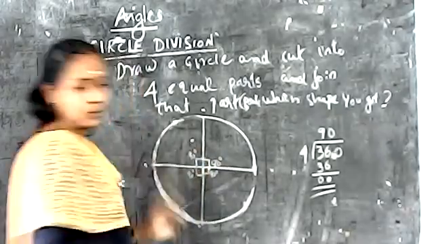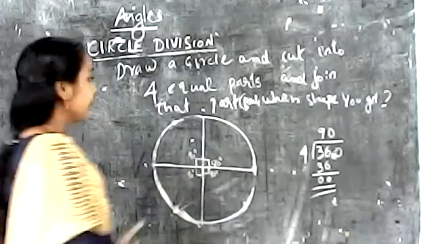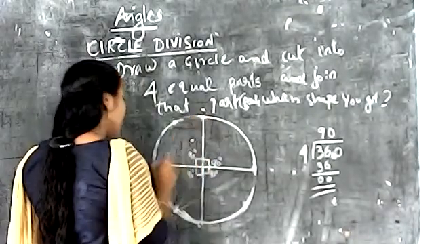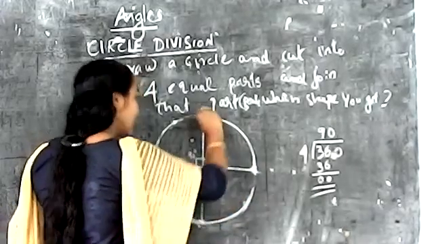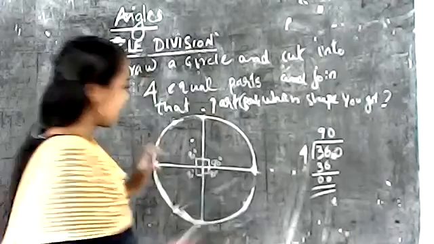90 degree. Okay. What is the next step? Join those points using a scale.